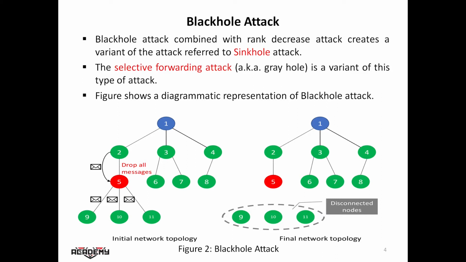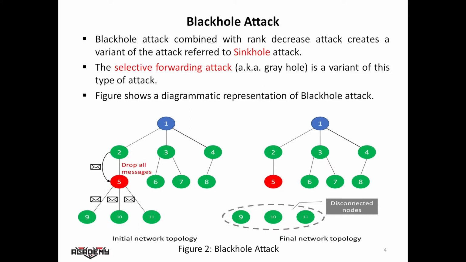Node 5 is the malicious node, and node 9, node 10, and node 11 have selected node 5 to serve as their preferred parent, so that whenever they have packets that they want to relay in an upward direction, they are going to transmit the packets to node 5, which is their preferred parent, and which happens to be the malicious black hole attacking node.